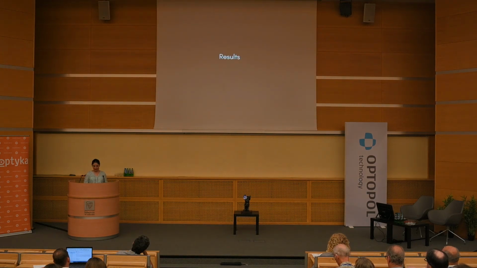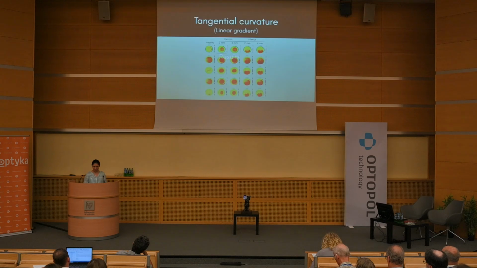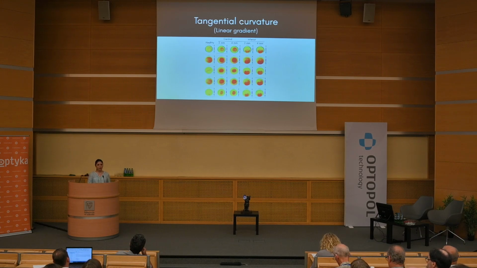So, as a result, here are the tangential curvature maps of these different scenarios and corneas. The first column is the tangential curvature map for healthy corneas, and after that are the central and inferior keratoconus with different diameters. As you can see, although the initial curvature maps are different, they respond differently as well.